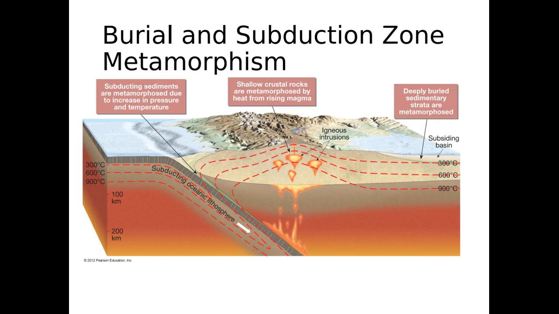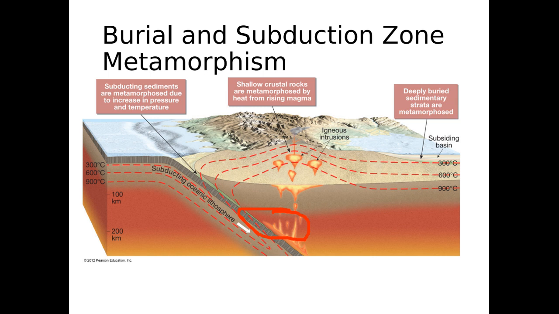The most significant, the most important, is burial or subduction zone metamorphism. And this is very similar to regional metamorphism. In both cases, you put rocks down deep in the earth under a lot of heat and a lot of pressure, and it can make metamorphism over a very wide area.